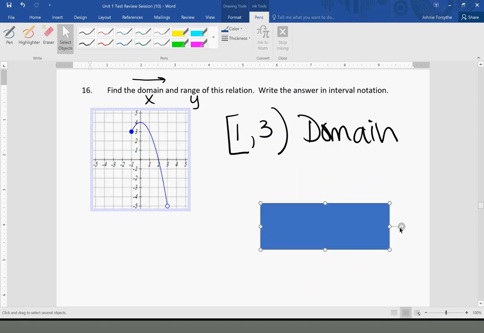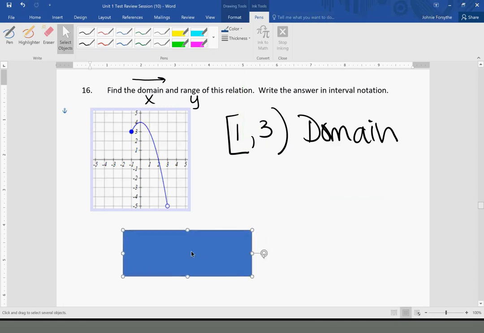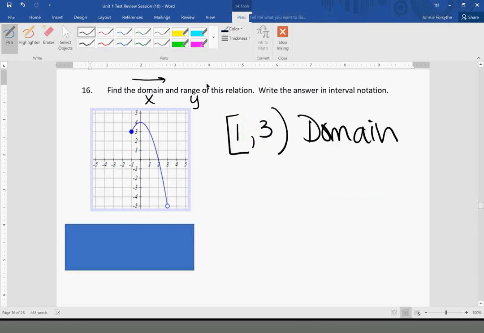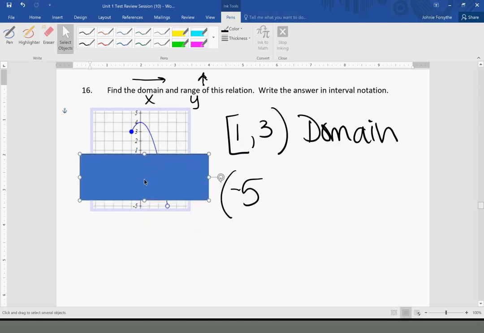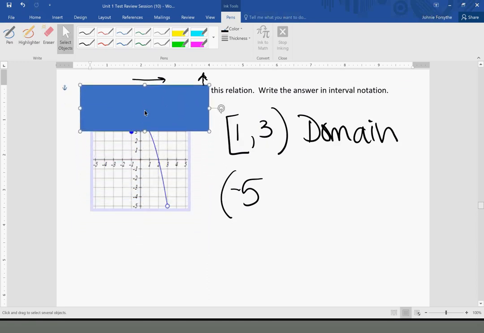Now let's look at the range. So bottom to top. Okay, so starting from the bottom, it starts at -5. So this is where your range starts, but it's an open circle, so we're going to use parentheses. And then it goes all the way up to 4.